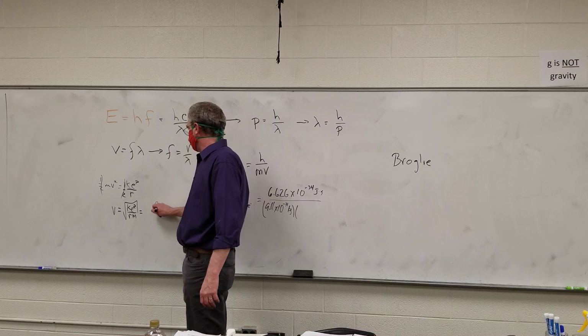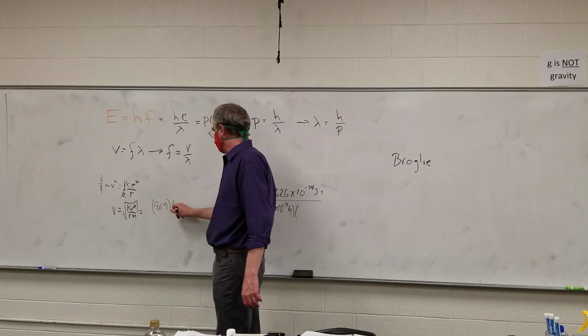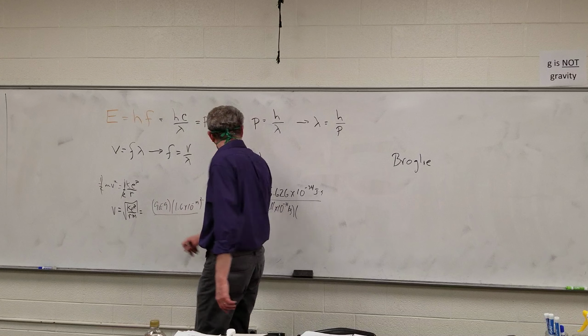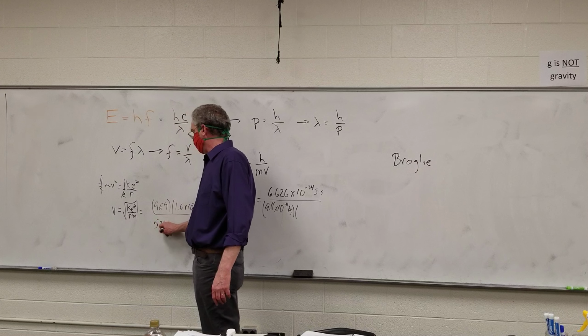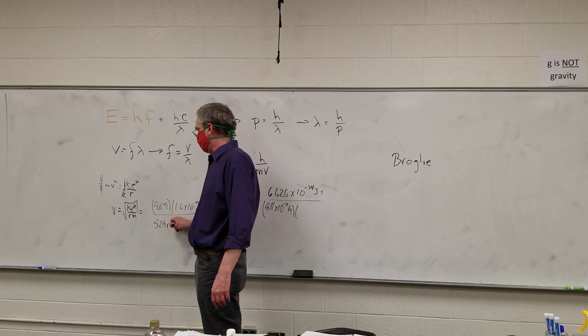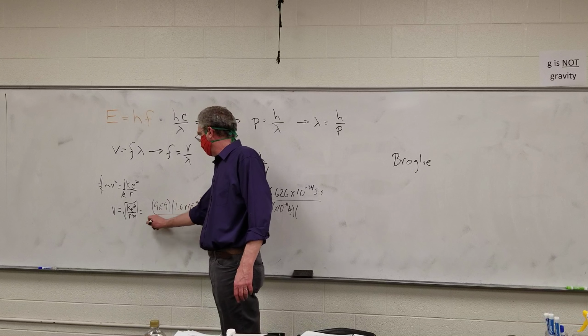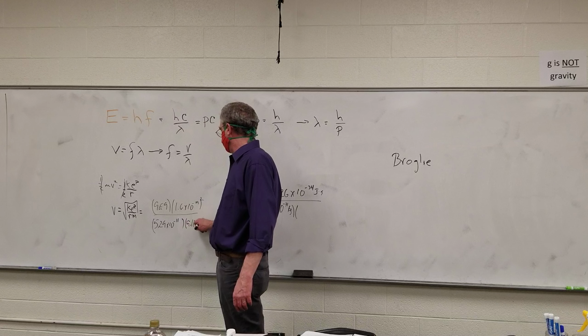So k is 9 times 10 to the 9th. Charge squared, 1.6 times 10 to the negative 19th squared, divided by the Bohr radius, assuming it's in the first orbit, which I had written over there, 5.29 times 10 to the negative 11th, times the mass, 9.11 times 10 to the negative 31st.